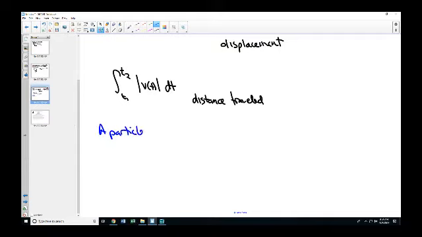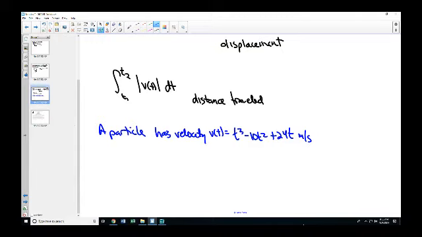These are particle motion problems. A particle travels or has velocity v of t equals, so there's your velocity function.